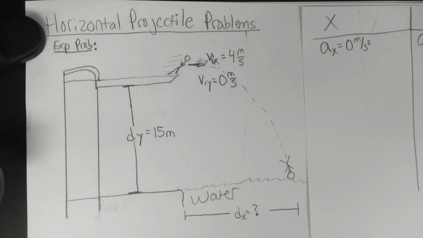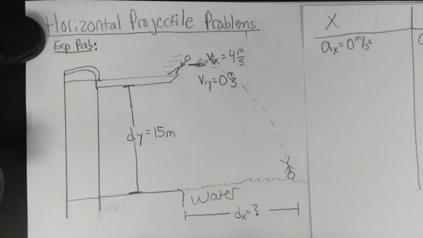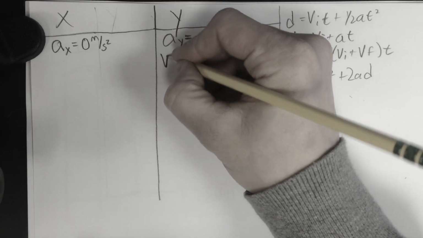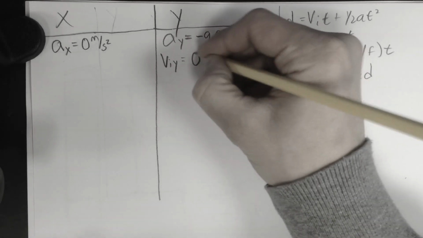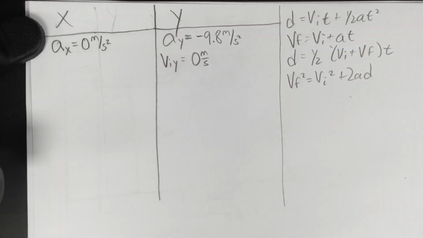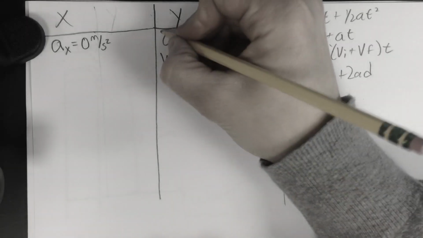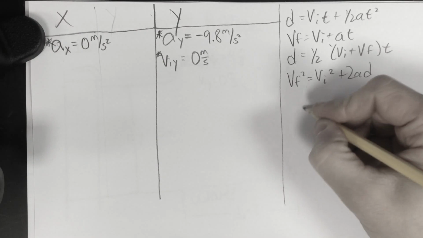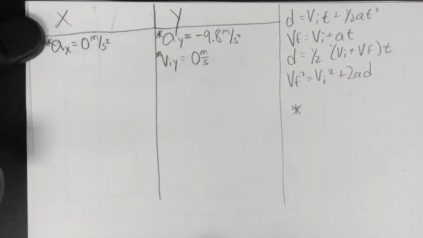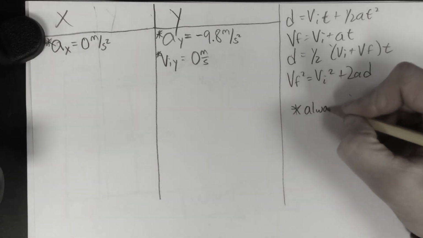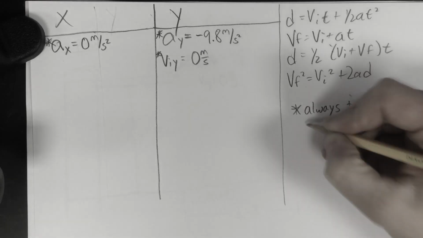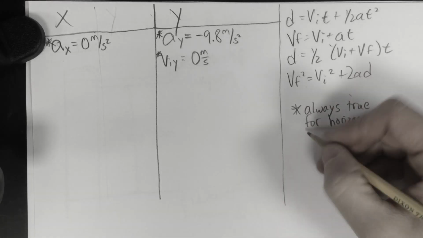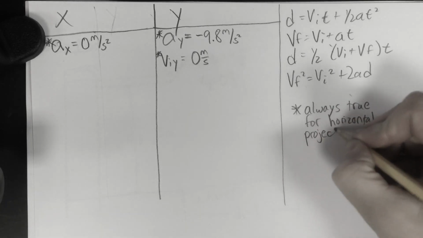Dropped objects and horizontal projectiles share many properties. So in our y column, we can always say, because it's launched horizontally, there's no initial y speed. I want you to star these 3 givens, because the star is going to mean always true for horizontal projectiles.